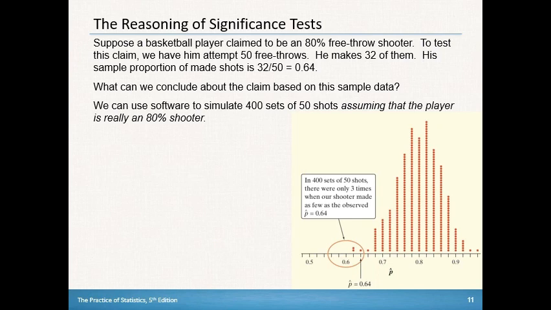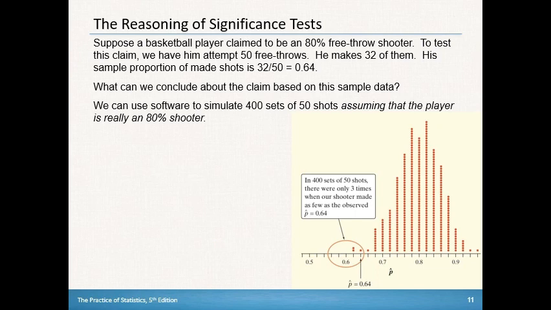Now, some people look at this graph and say, oh, that's proof that he's actually an 80% free throw shooter because his sampling distribution is centered at 80. But remember, this approximate sampling distribution is based on the truth of him being an 80% free throw shooter. So if he's actually an 80% free throw shooter, we would expect the sampling distribution to be very similar to this computer generated one.